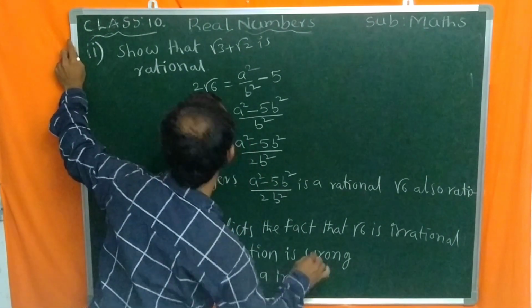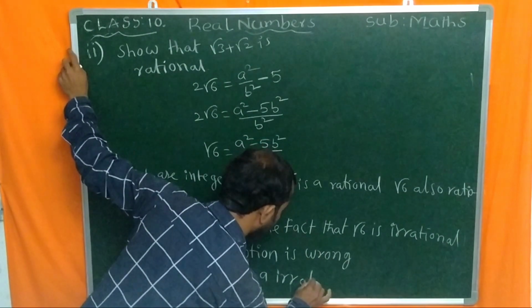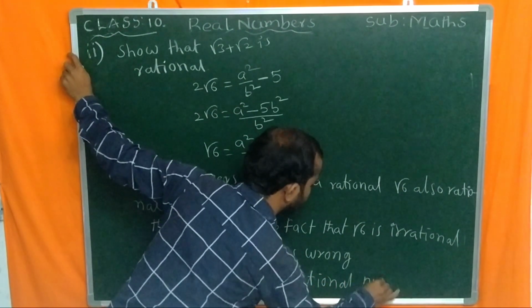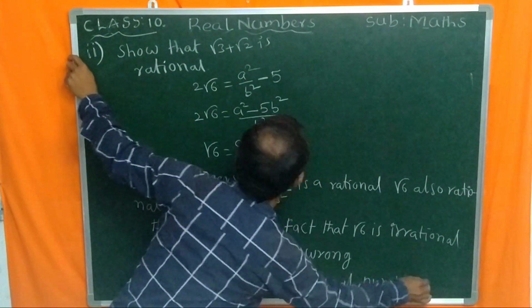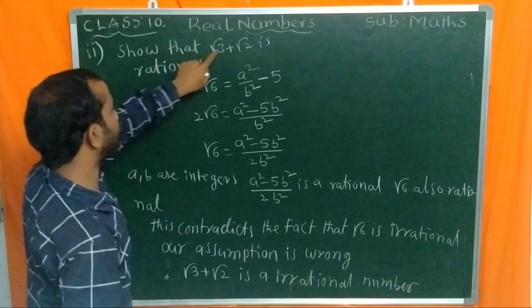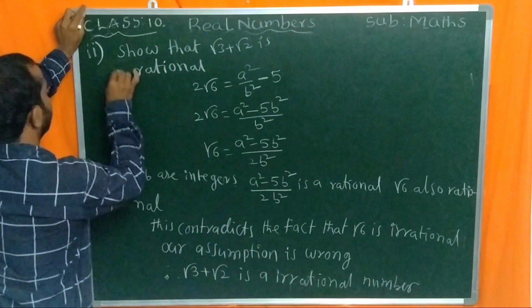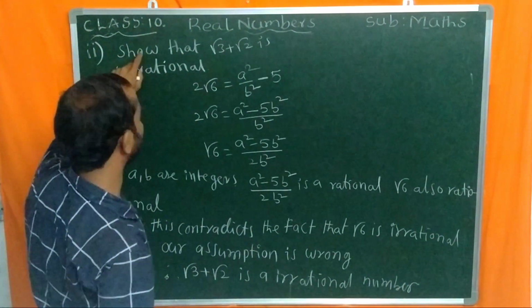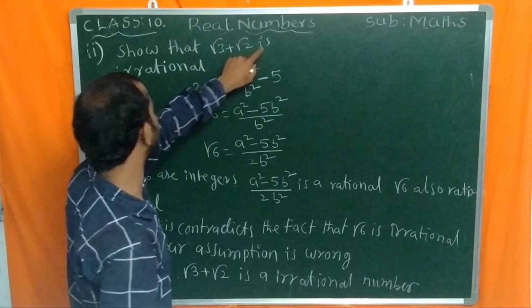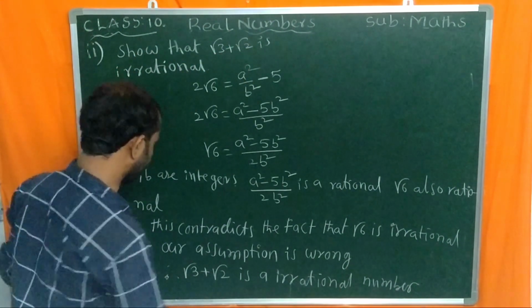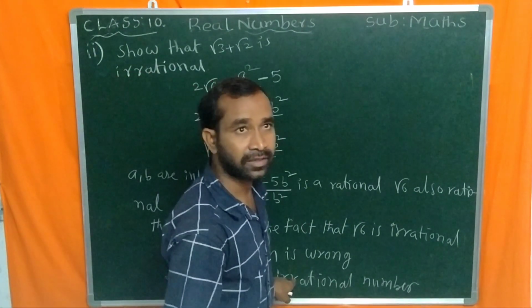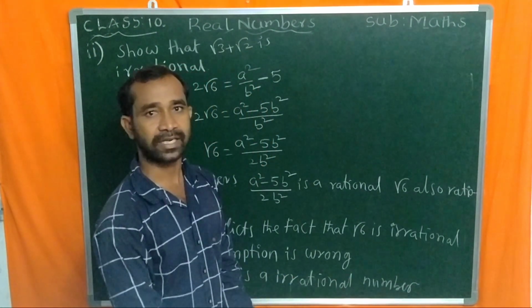Show that root 3 plus root 2 is irrational. So therefore root 3 plus root 2 is an irrational number. Thank you, children. This is the end of this class.